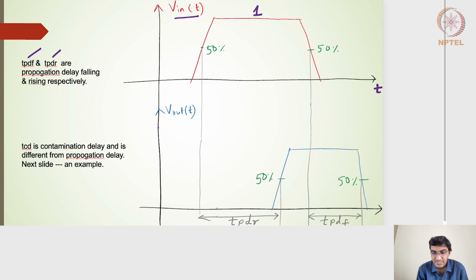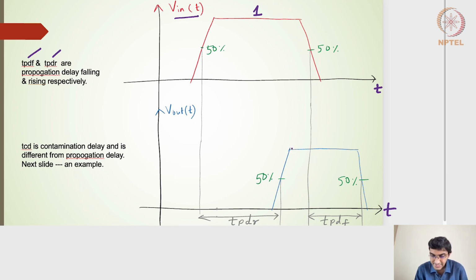For a given circuit, we don't know what circuit it is, but if you apply this particular input to that circuit, let's take an example of how the output behaves, or gives this kind of a response. You can see that the output arrives after some time with respect to the input signal.